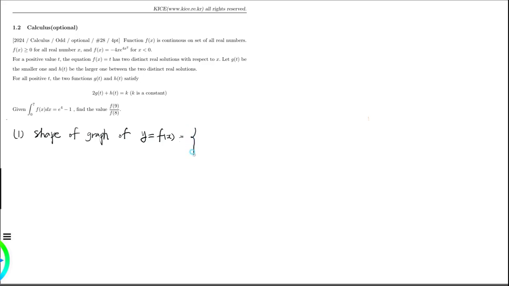This is given as negative 4 times x times e to the 4 times x squared when x is negative. But it is unknown when the domain is non-negative.